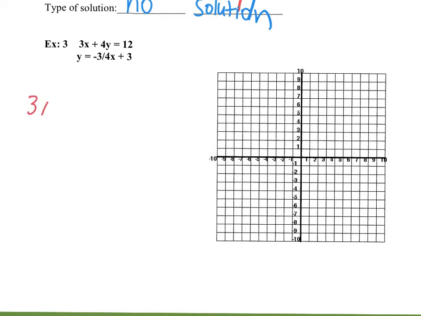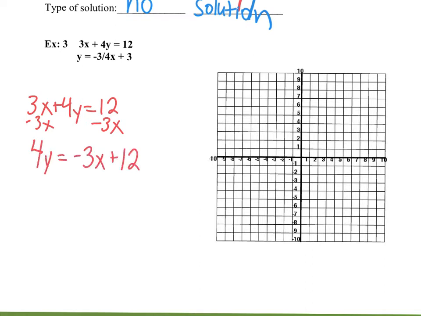So I'm just going to write this down here so I have more room. Subtract 3x over. I end up with 4y equals negative 3x plus 12, right? Can I graph that? No. Why not? Gotta divide by 4. Y equals negative 3 over 4x plus 3.